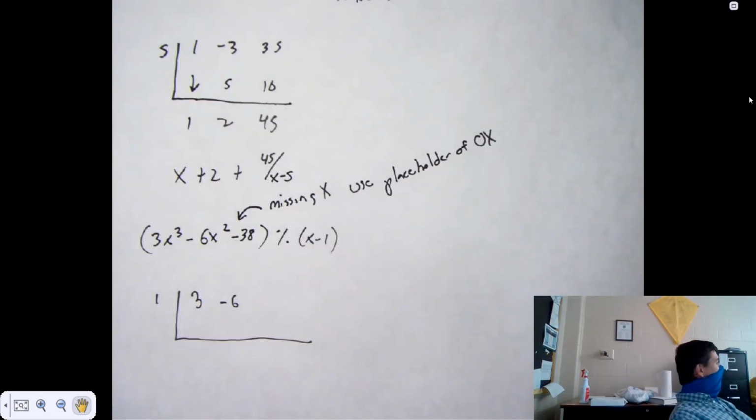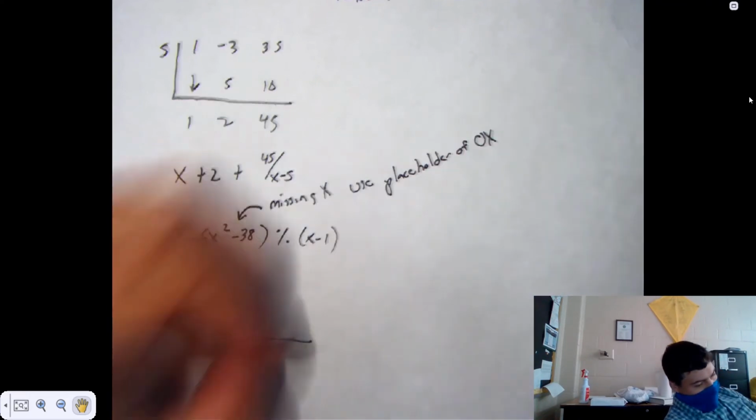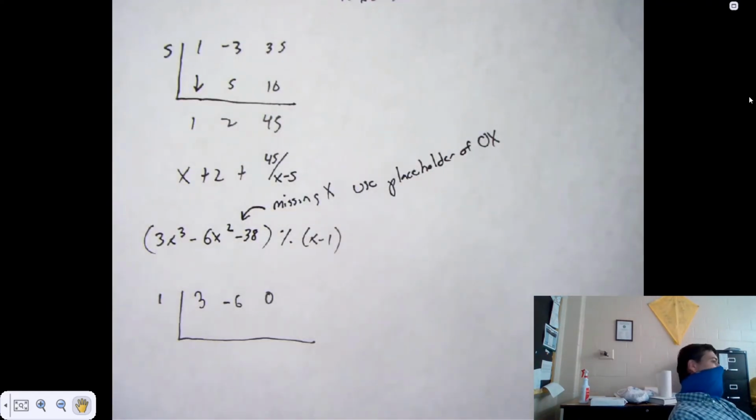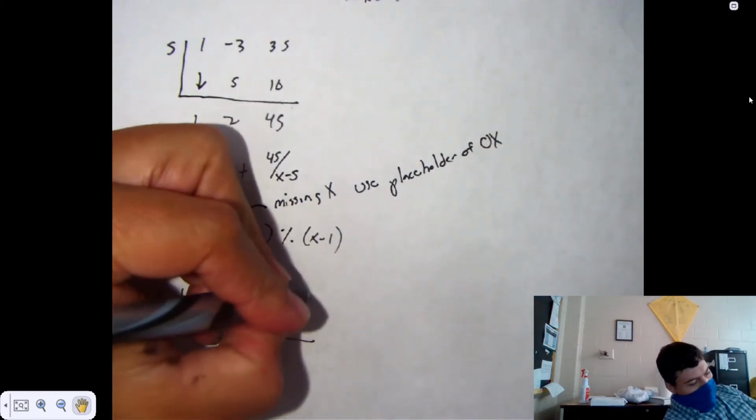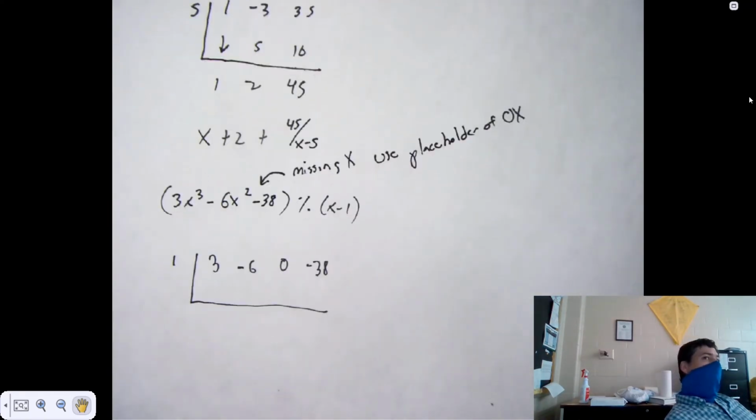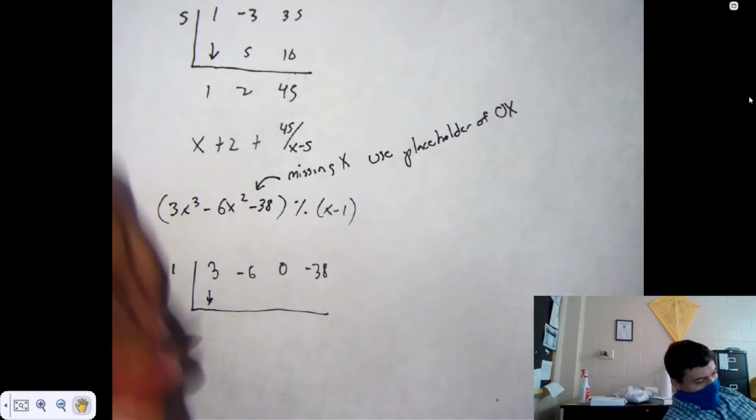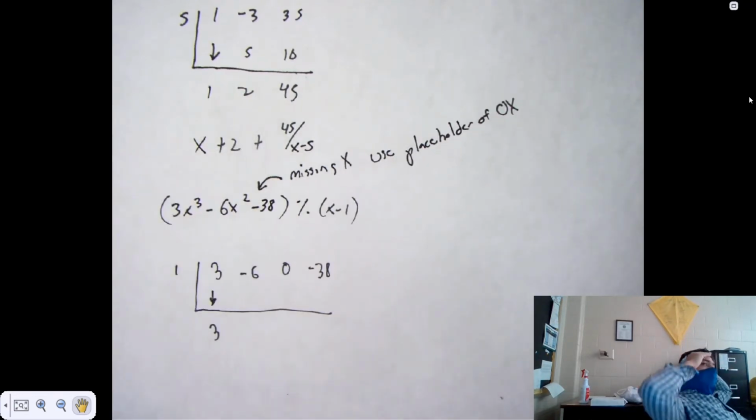How about after that guy? 0. Got to have that placeholder. Followed by -38. Now, this one's pretty simple, too. The multiplier is a 1. Put some other numbers out there, it gets kind of rough. Now, what am I going to do after I do the drop?